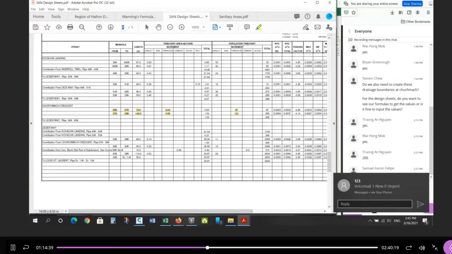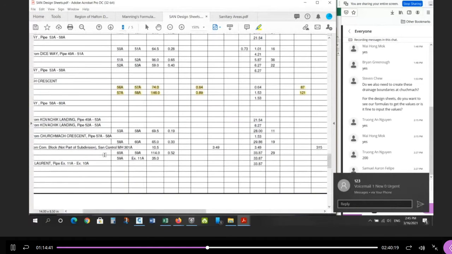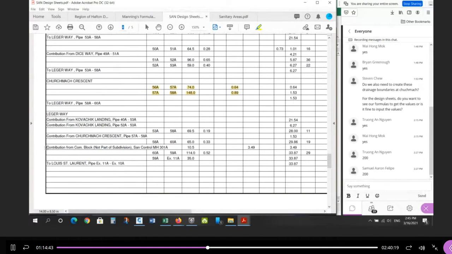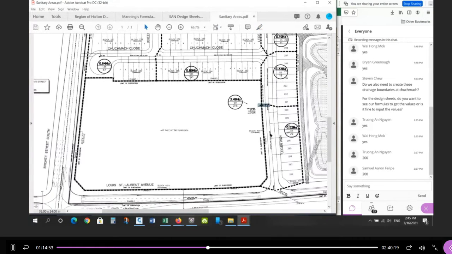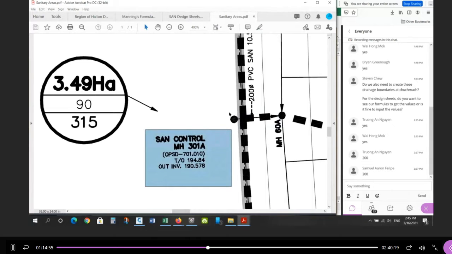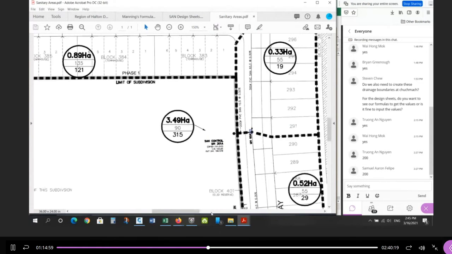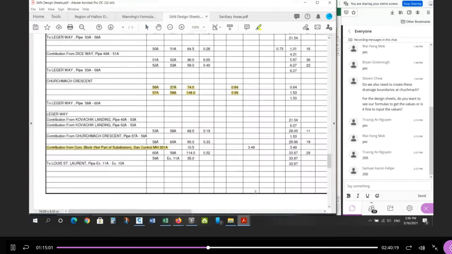So if you look on the fourth page of 5, right here, you'll see the commercial property, which is right here. Contribution from commercial block, not in subdivision. That's the actual piece that we're designing, manhole 301A, right? So if you go back to the drawing, we're looking at manhole 301A, right? So from here to here, 301A to 60A is on the spreadsheet, right? 301A to 60 is contributing.